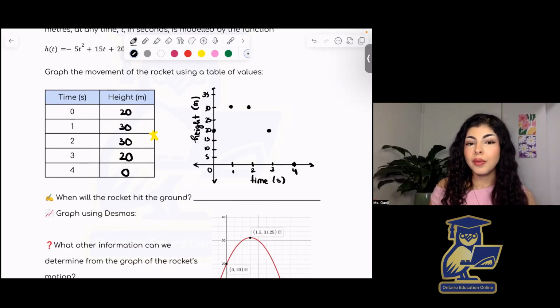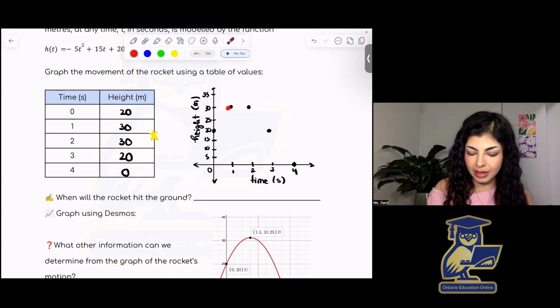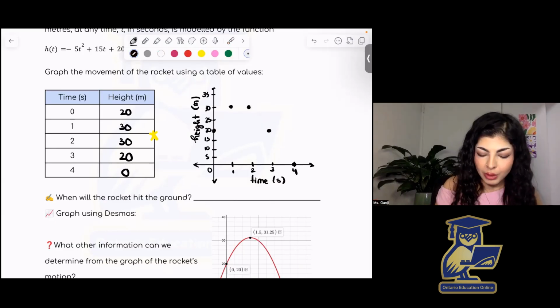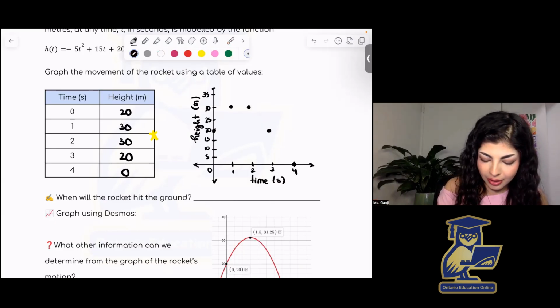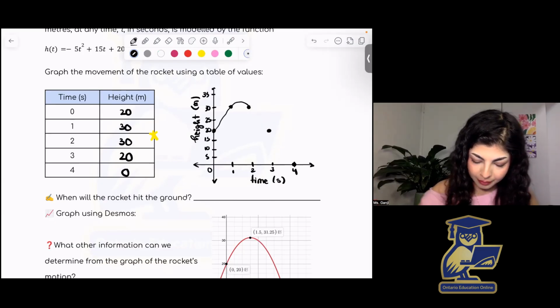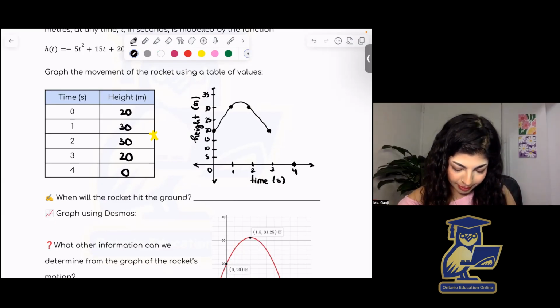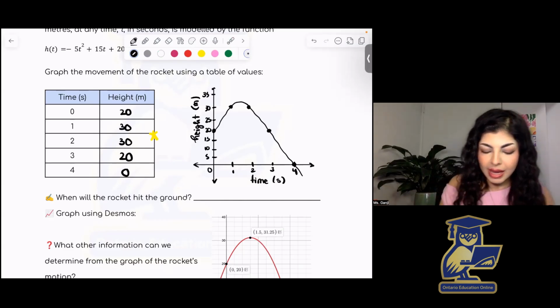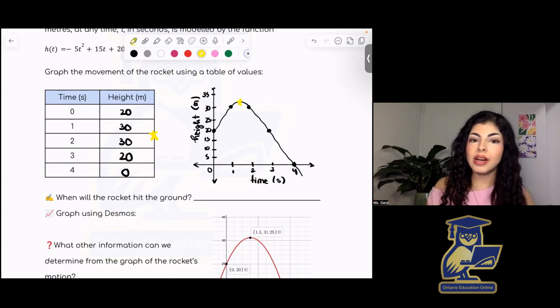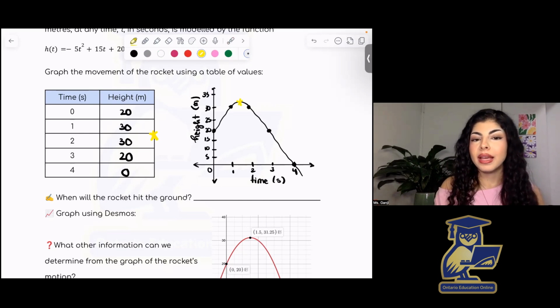And so recognizing that this is now a parabola because of its shape, we see that our parabola is going to go something like this. And the star is actually this point here where we reach our maximum height.